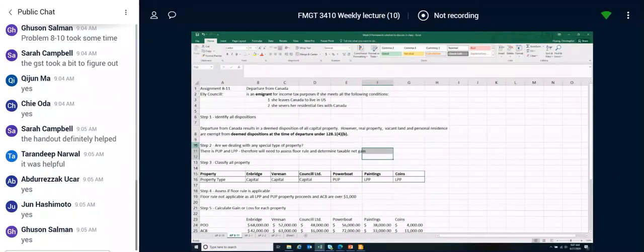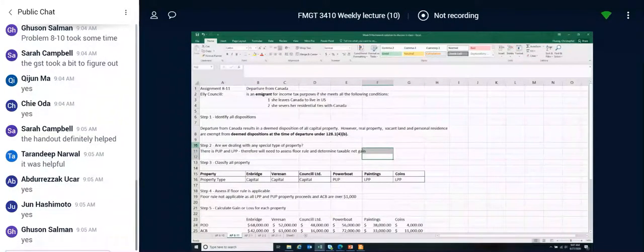You actually have to go through an audit process every time you sell real property in Canada. Because of that process, they don't automatically deem you to dispose of real property when you leave Canada. They do this because real property is typically very high value, so this process ensures the government gets every single dollar they're entitled to when you have the sale.